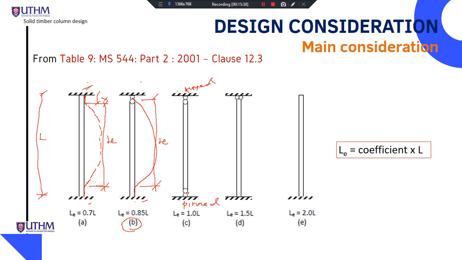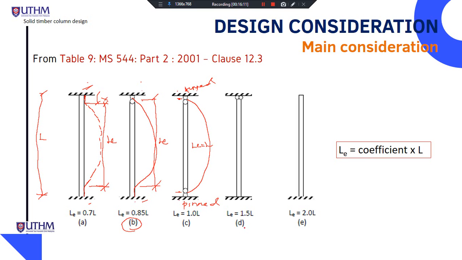The buckling starts here. The actual length starts from this point, and buckling starts from here to here, meaning the L effective is equal to L.